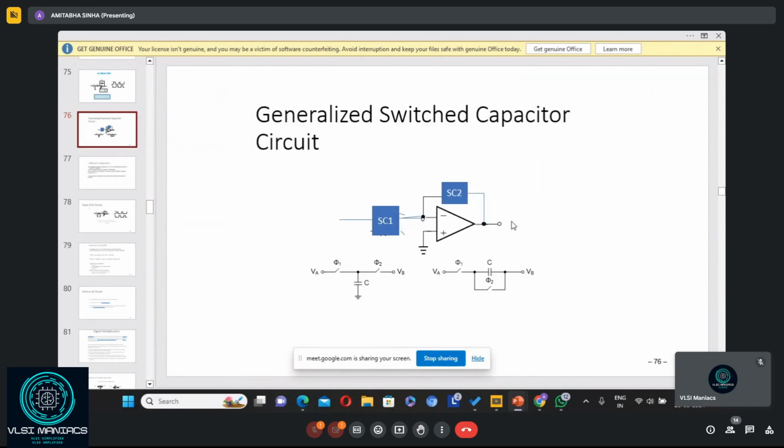Look at this. This is the basic building block for the switched capacitor circuit. So these are basically the CABs. Now, CABs consist of what? Operational amplifier, switches and capacitors.